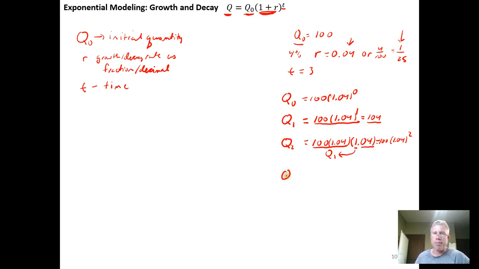So to figure out how much money you had in year 3, you would just take 100 times 1.04 squared, that represents the amount of money you had in year 2. This is Q2. And you multiply it again by 1.04. But that's going to give you 1.04 squared times 1.04, which is just 100 times 1.04 cubed.